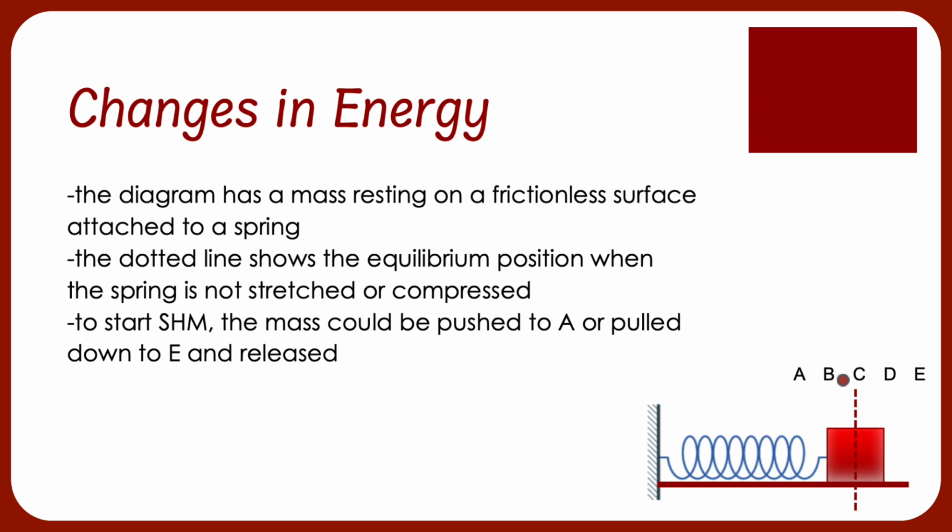So if I compress the spring, I'm going to have to move it over here to A. And in that case, I would have a force pushing to the right because my spring is compressed. If I pulled it over here to E, then my force will be to the left because the spring is extended, and again I have this restoring force. I will have simple harmonic motion.